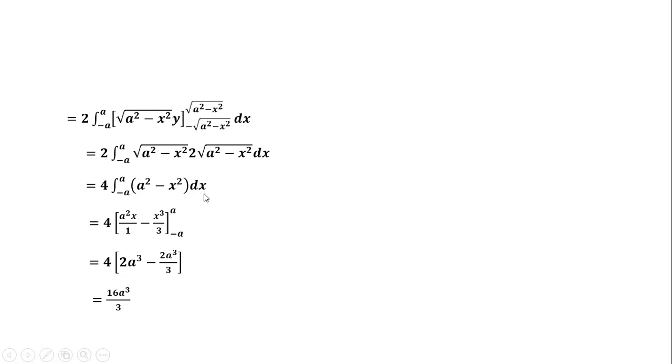Now integrate with respect to x, we will get a square x minus x cube by 3, and x varies from minus a to a. Now put the lower and upper limits, it becomes 4 into 2a cube minus 2a cube by 3, and after simplification we will get 16a cube by 3. This is the volume of the region using Cartesian coordinates.